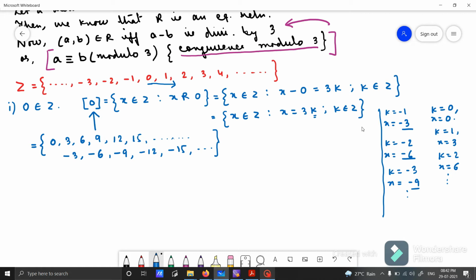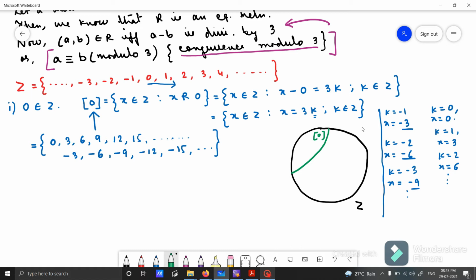That means if I try to draw the partitioning of the set of integers, so this was my initial set of integers Z. So one partition we have already got, that is the equivalence class 0. And who are the elements?